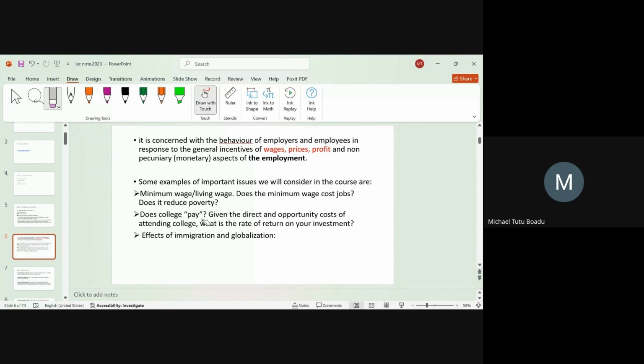Given that you could have used it to do something else, can you determine the return on your investment?